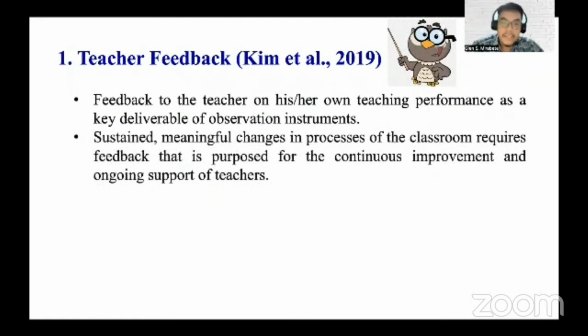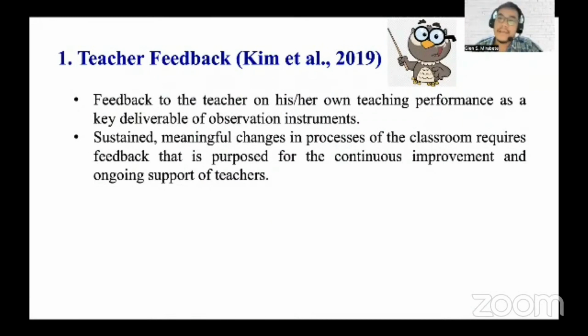Sustained meaningful changes in the processes of the classroom require feedback that is purposeful for the continuous improvement and ongoing support of the teachers. As teachers, we are all students still. We all have something to give or to teach, and we all have something to learn still. And this is based on experience. For the seasoned teachers, those who are long in service, definitely we will get not just knowledge but wisdom from their experience.